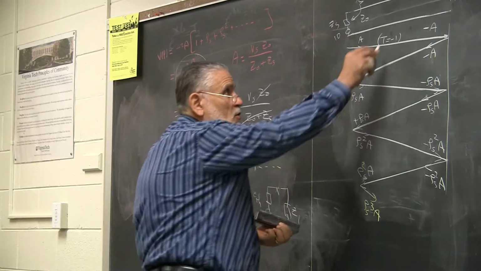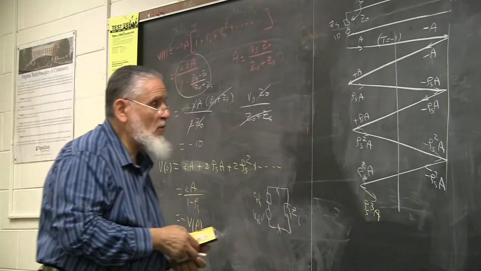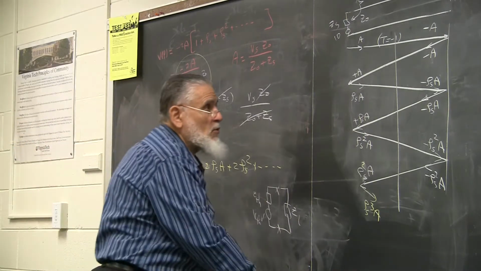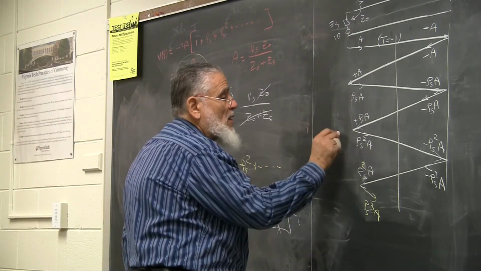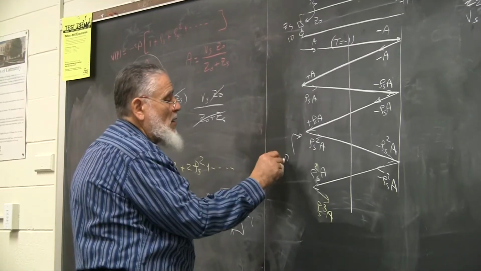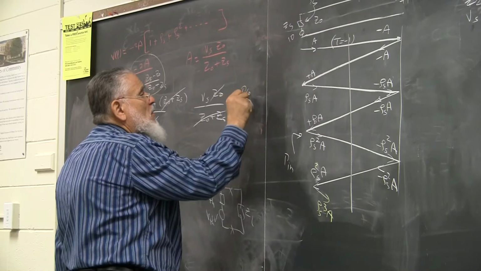If you want to get the voltage here, or the gamma, the picture is in front of you, and you can sum the terms. You sum the proper terms, and you get what you want. Like, I want to get the gamma right here. So what do I do? Gamma input, or gamma of 0. Who's going to help me with that?